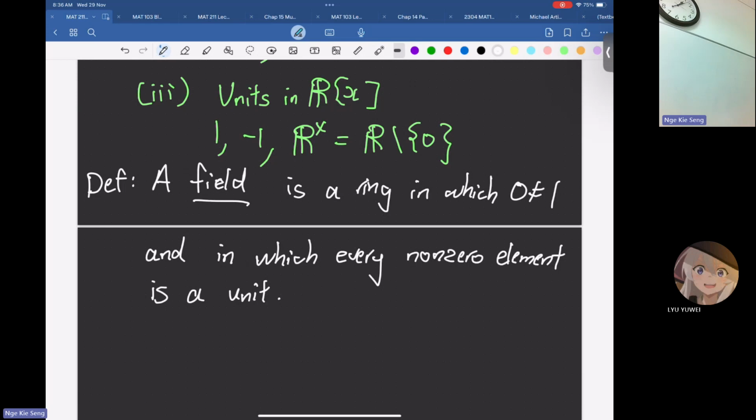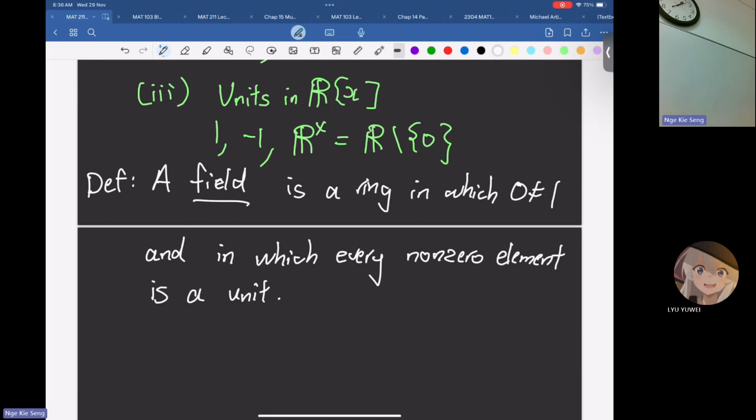So if we invert every non-zero element in the integers, what we get is a field, sure. What's that field?